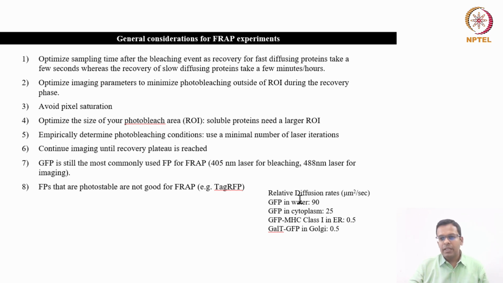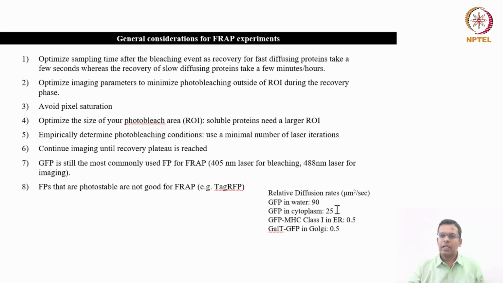And here you can see I have mentioned some of the relative diffusion rates for GFP in water, GFP in cytoplasm, GFP-MHC class I in endoplasmic reticulum, and GalT-GFP in Golgi. Just to give you some idea about the diffusion coefficient, the unit is micrometer square per second. If free molecules are there, you will get a diffusion coefficient of around 90.